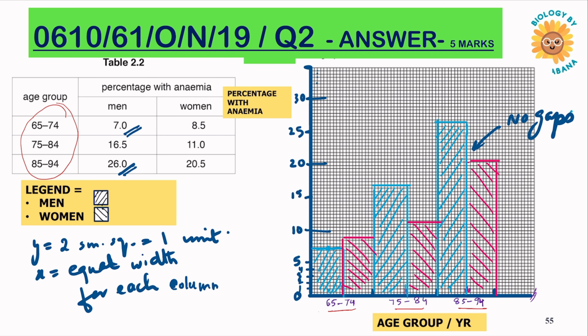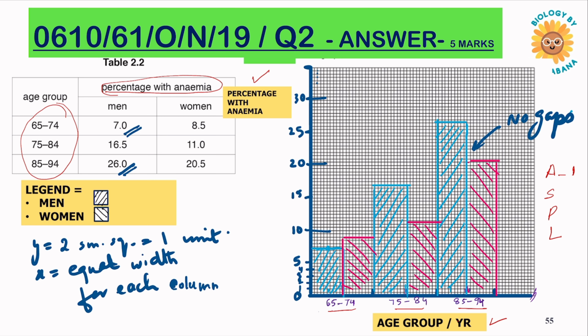So 1 mark I get for that. Now, if I want to write down A, S, P, and L could be the columns here. So did I label the axis? Yes. This is the x-axis, and the percentage with anemia. Yes. So I get 1 mark for labeling the x and the y-axis.